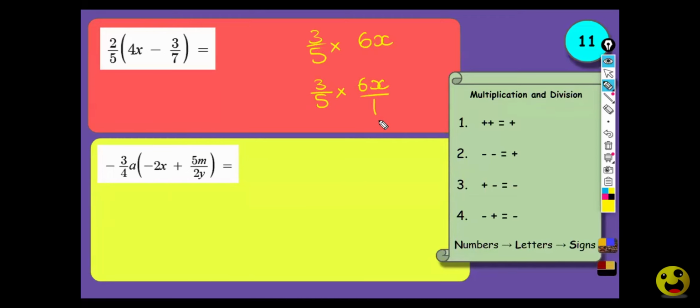I just converted the 6x to a fraction by just putting a divide by 1. And you just multiply the top by the top, the underneath by the underneath. 3 by 6x is 18x. The 6 by 3 is 18, and then you put back the letter involved. 5 by 1 is 5. These are convenient things to know about maths to make life easier.